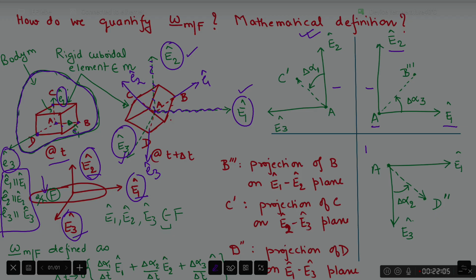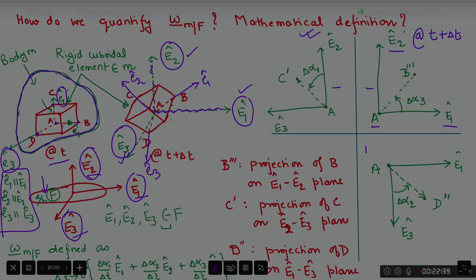On this plane, we are identifying the projection of point B at time t plus delta t. All these pictures that I have drawn on the right side of the slide in green color are at time instant t plus delta t.